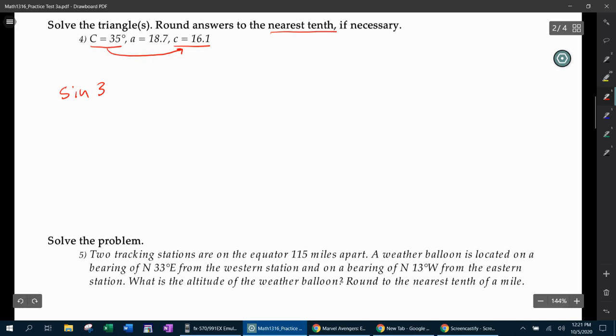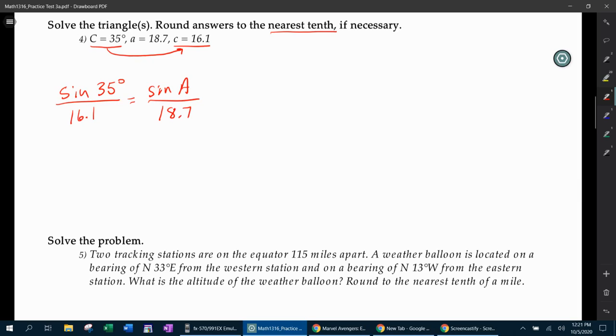So I can say sine 35 over 16.1 equals. Do you see how we set that up? The letters that match go in the same fraction. Big C, little c. And then in the other fraction for law of sines, since I'm given little a, I need big A. Big A, little a, big C, little c.